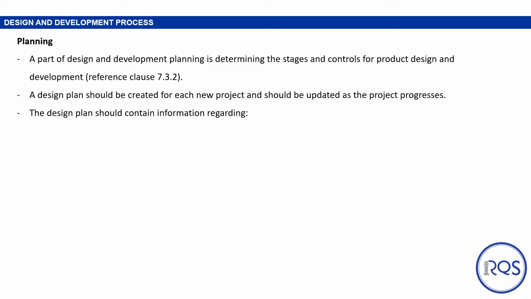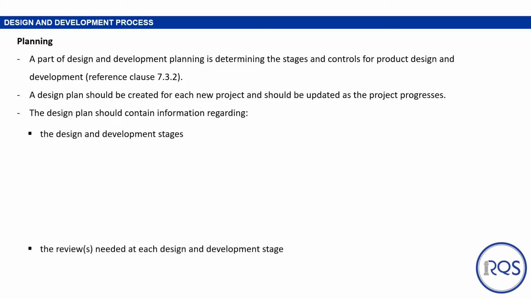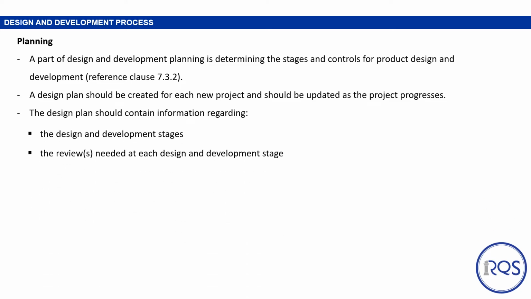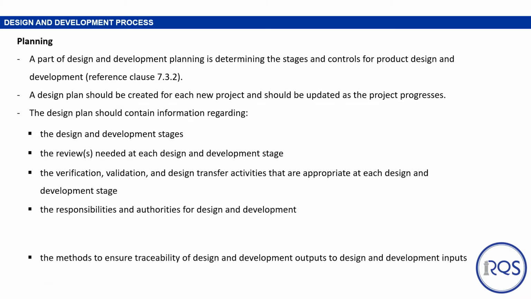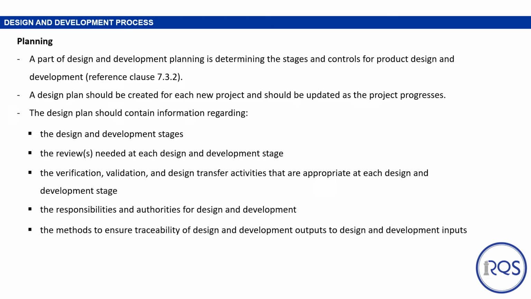The design plan should contain the design and development stages, the reviews needed at each stage, the verification, validation, and design transfer activities that are needed at each stage, the responsibilities and authorities, the methods to ensure traceability between design inputs and outputs, and the resources needed, including any necessary competence of personnel.